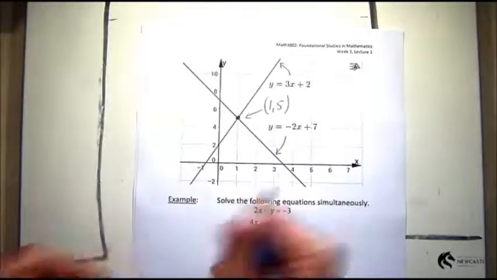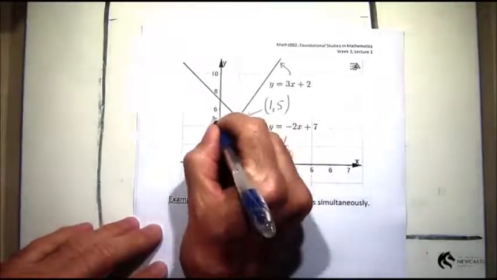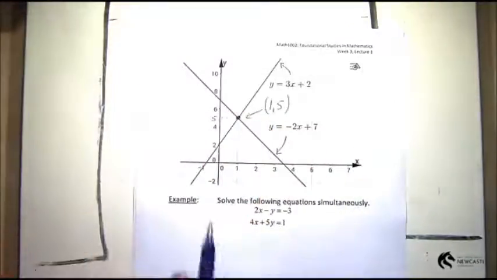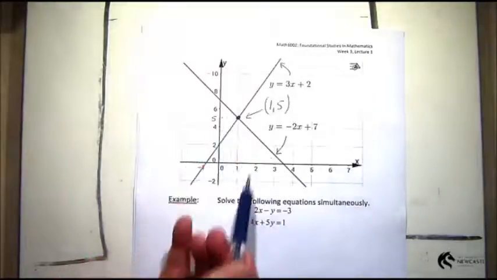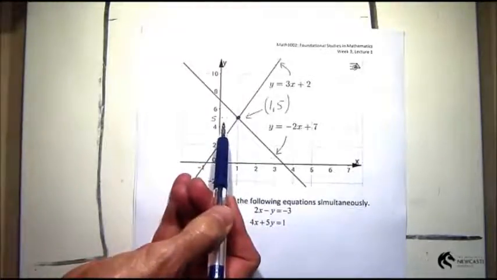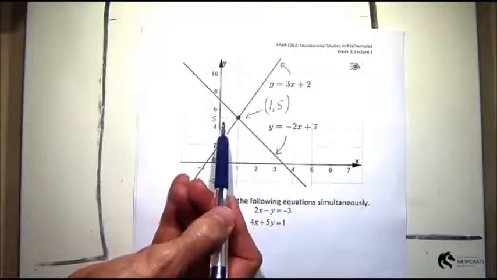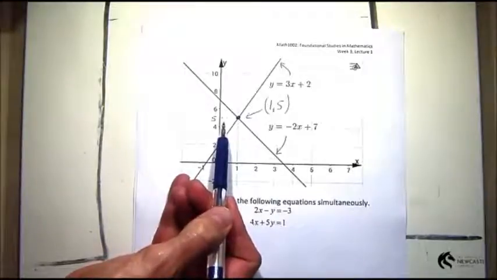I guessed that that value was 5 there. But quite often you will have trouble trying to guess what those values are, even if you could draw the graphs. So what we do now is we use our abundant algebra skills to help us out.